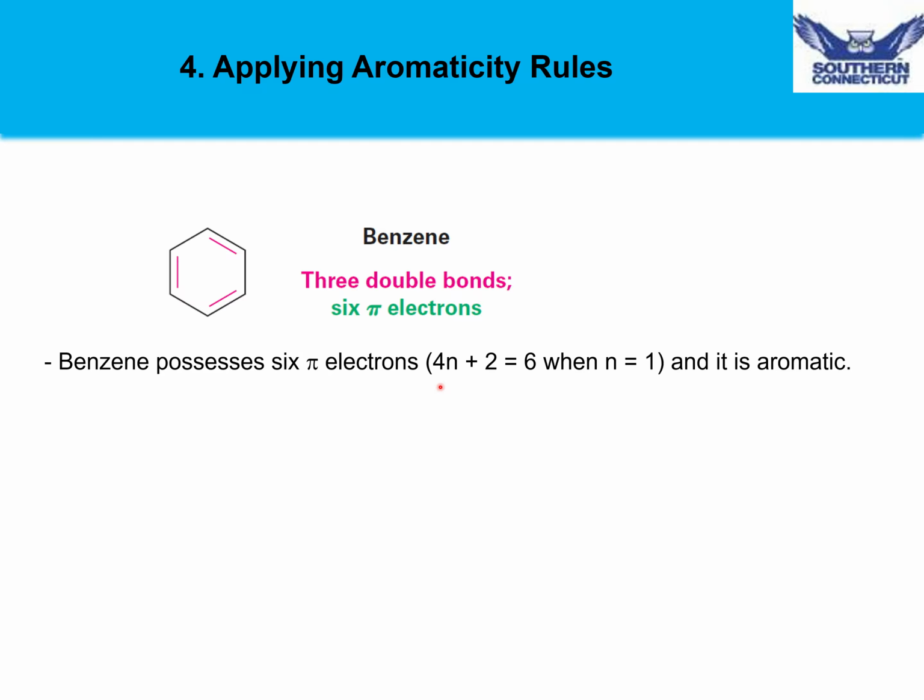So in the case of benzene, we have 6 pi electrons, which is an example of a compound that follows Huckel's rule. If we plug in 1 for n in this formula, we can come up with 6 pi electrons. So that's an acceptable number for an aromatic compound.